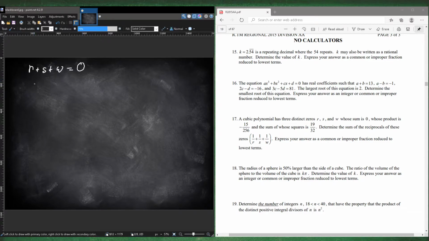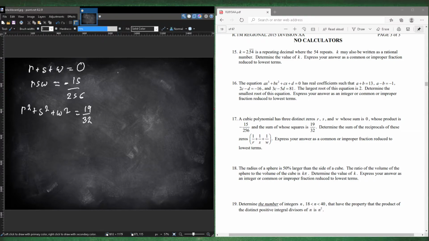And we also know that the product rsw equals negative 15 over 256. And we also know the sum of the squares, so r squared plus s squared plus w squared is equal to 19 over 32.